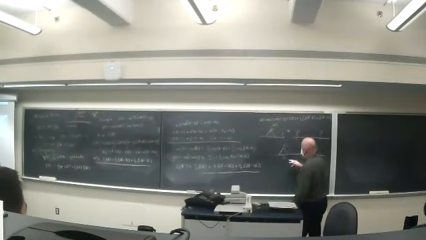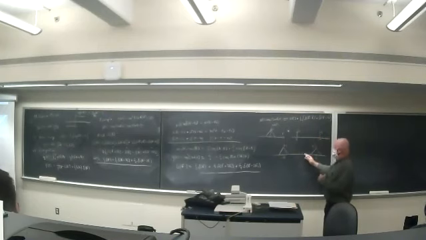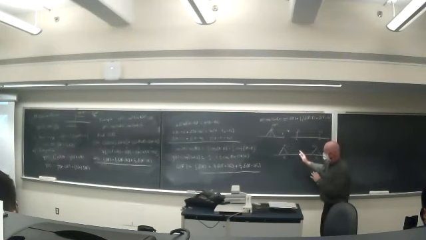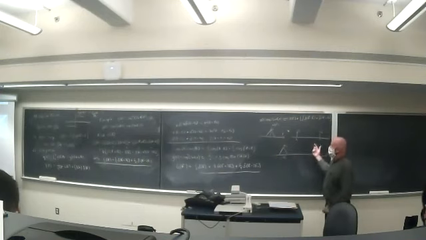And I could write this as 1 half X of f minus fc, the thing shifted to the right, plus 1 half X of f plus fc, shifted to the left. So this is another way to think about multiplying by cosine. I take the Fourier transform of the baseband signal, shift it to the right, and then add to that the spectrum shifted to the left by fc. This is a good way to think about what this property does.